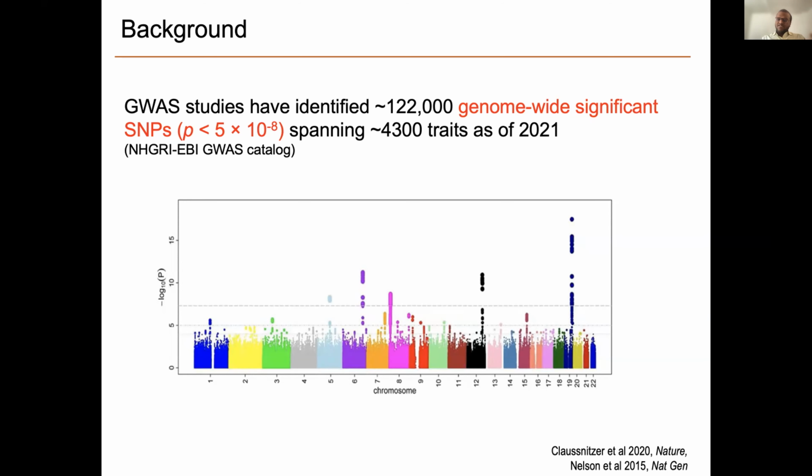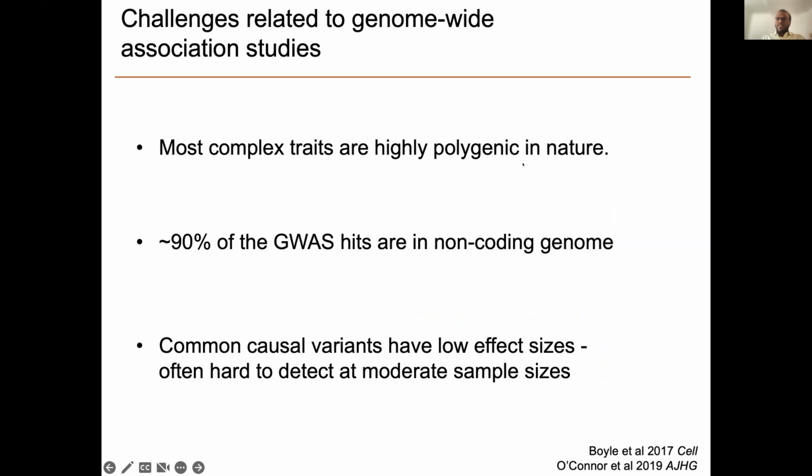However, there have been some challenges in translating the GWAS discoveries into therapeutics. Some of these challenges stem from the fact that most of these complex traits and diseases are highly polygenic in nature, implicating many genes rather than 1 or 2 genes. Also, more than 90% of the GWAS associated signals have been found in the non-coding regions of the genome, suggesting more of a regulatory effect.